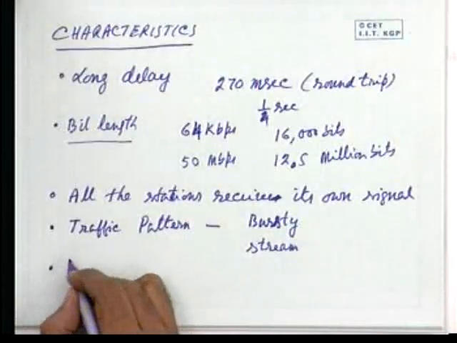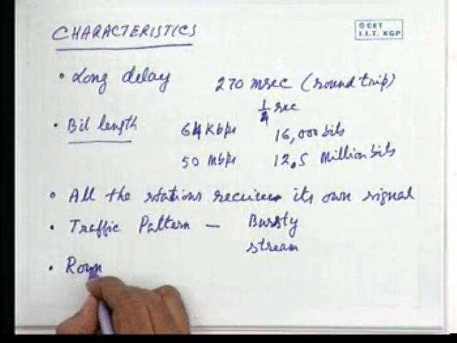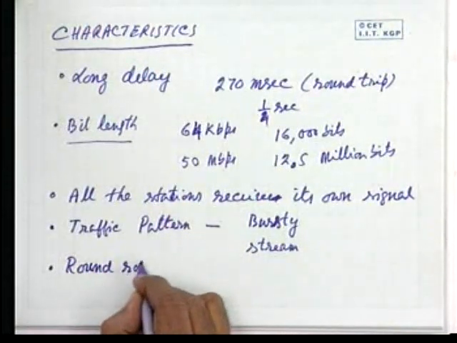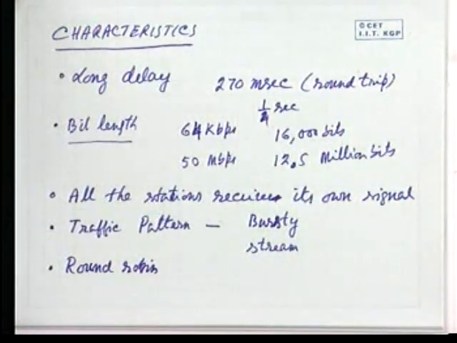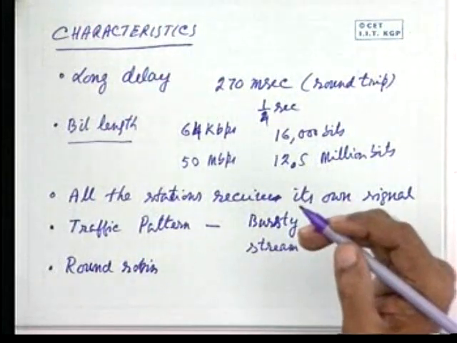Can we use the round robin technique? In round robin technique, there are two basic approaches we have seen. One is called polling. If we use the polling technique, just to poll one station, you have to spend about 1/4 of a second just to send the signal, and then receive an acknowledgement, another 1/4 of a second.